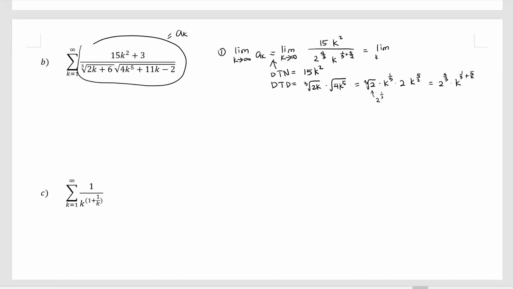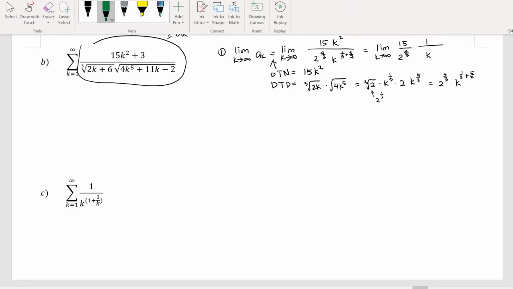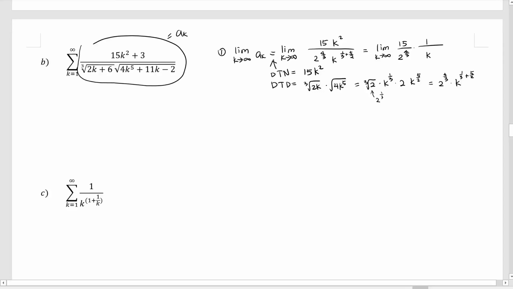Okay, so what is that? Well, that's 15 over 2 to the 4/3. And then here, the denominator is bigger, you see? So what happened with the 2? We can subtract the 2 here.